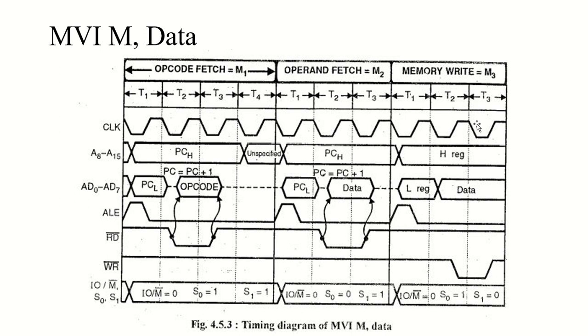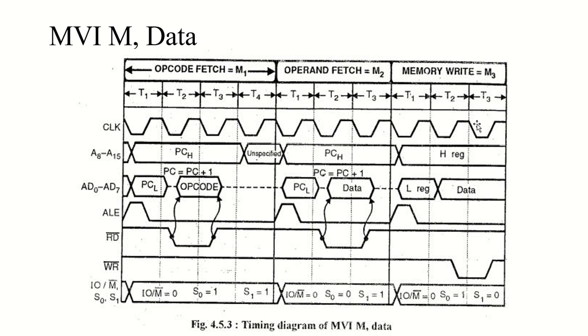So in MVI M comma data, the HL register is used. As you can see, we used HL previously as well, but by default as a memory pointer, which we always do. As you can see in the opcode fetch and operand fetch as well, we are using HL as a memory pointer.